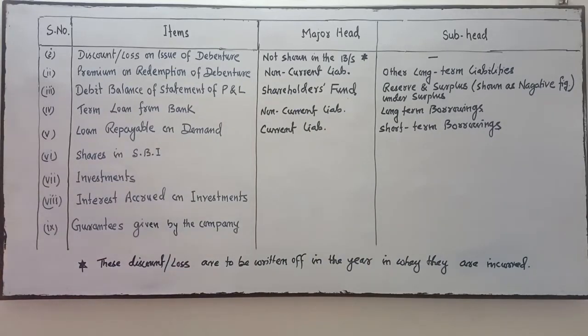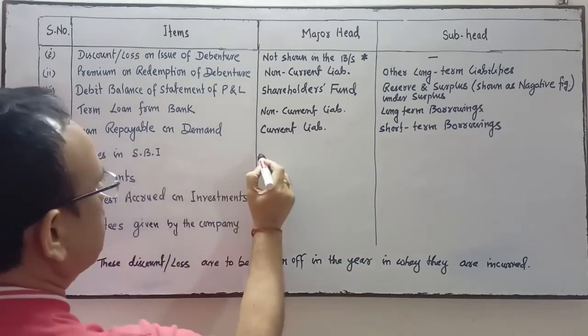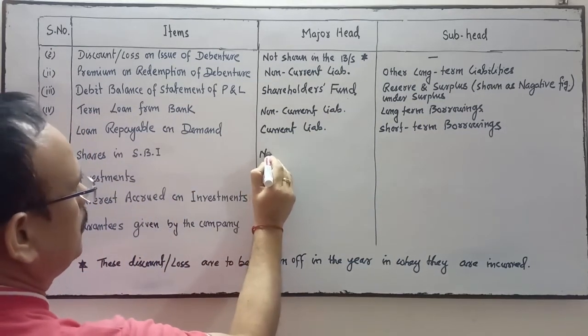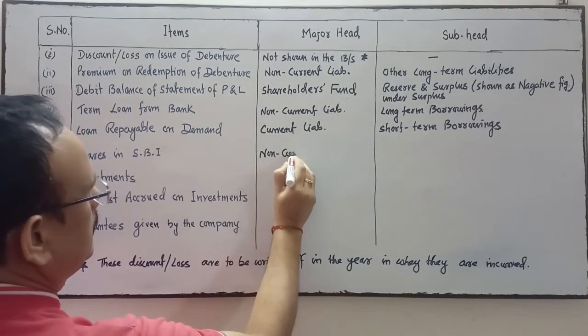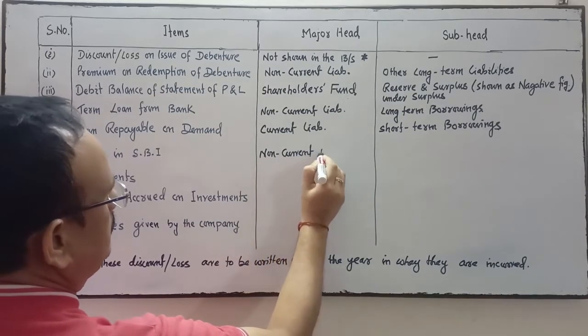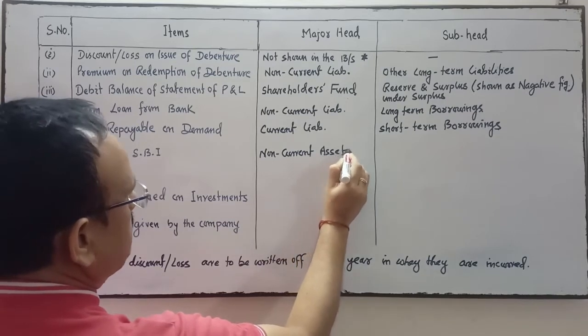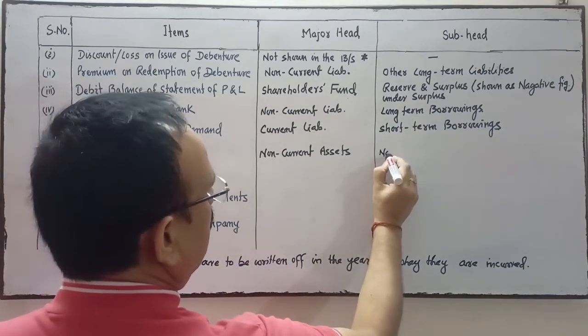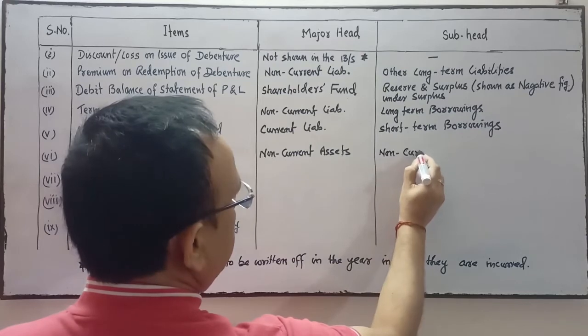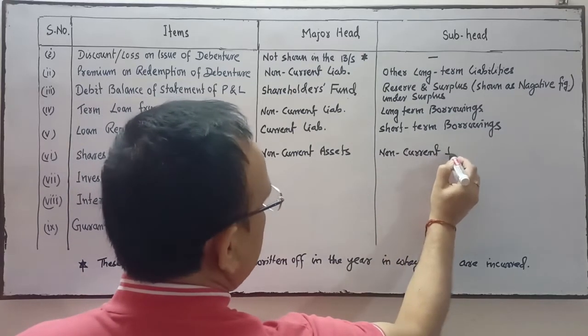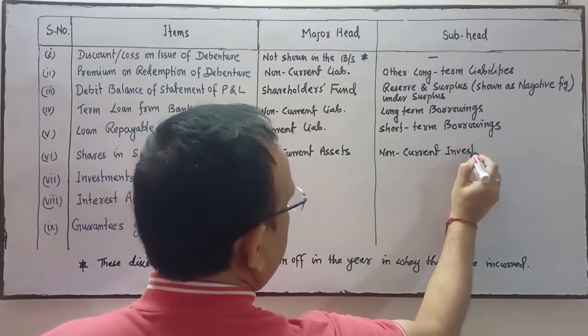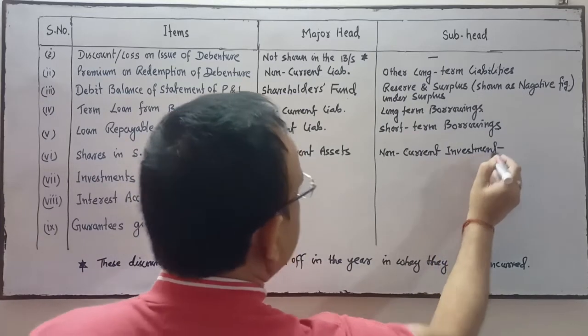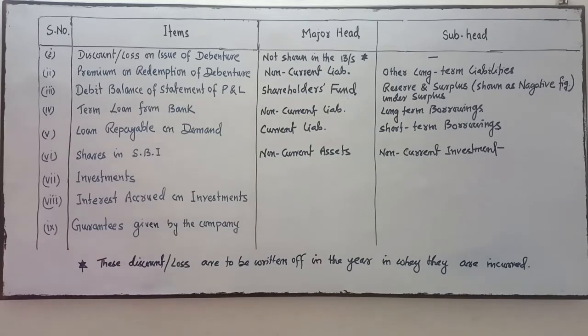Next is shares in SBI. It's an investment. It comes under the non-current assets. So shares in SBI are a non-current investment.